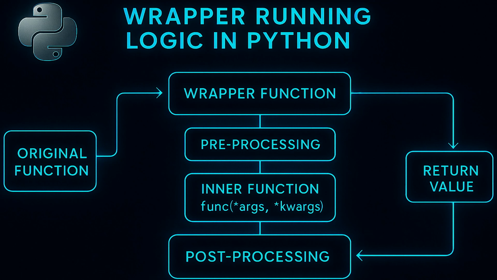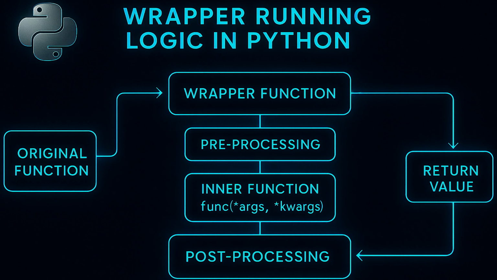Then it calls the original function, passing in all the arguments using *args and **kwargs for preserving all kinds of parameters. After the original function finishes, we can also do post-processing like modifying the result or cleaning up. Finally, the wrapper returns a value, either the original result or something completely transformed.